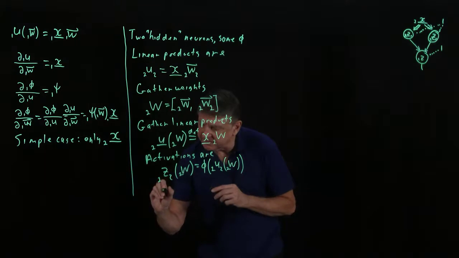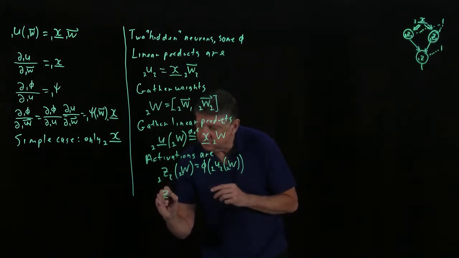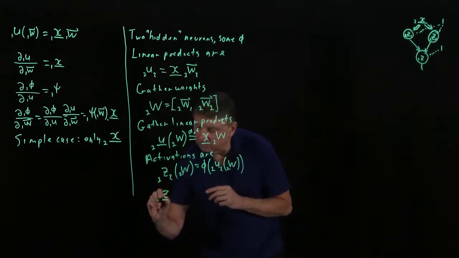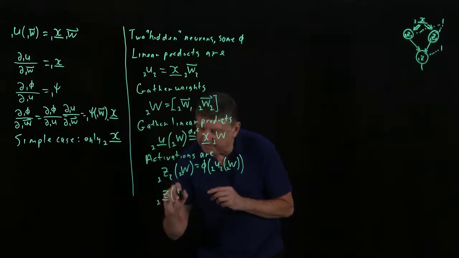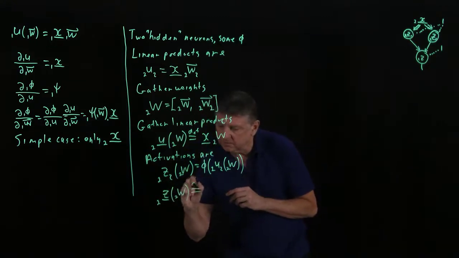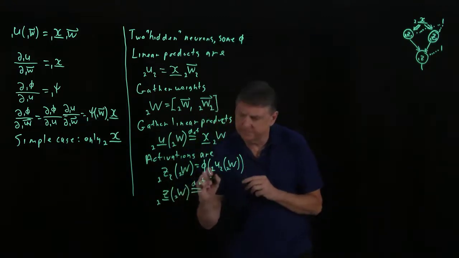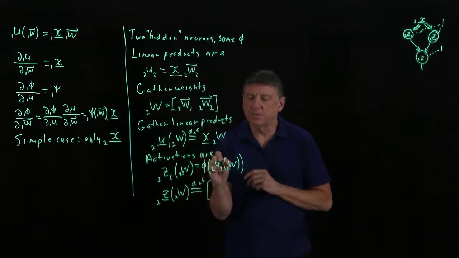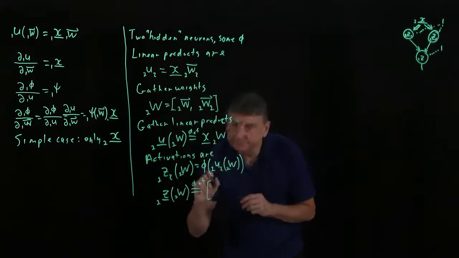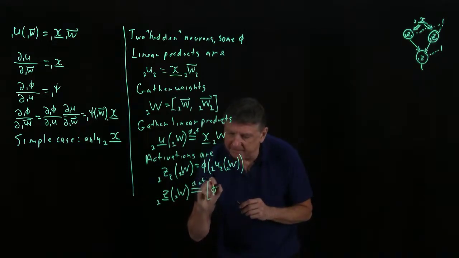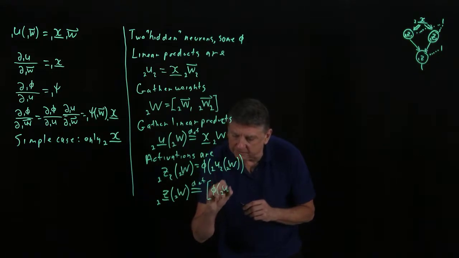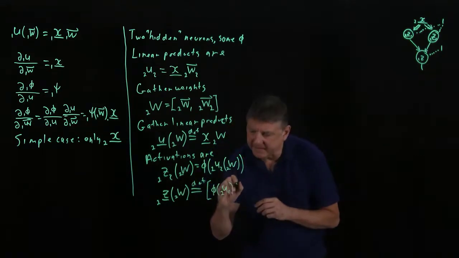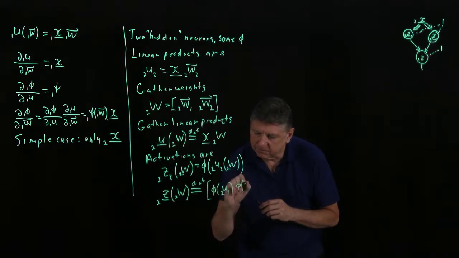So we can gather these as the Z1 form for layer 2, which is a function of all of the weights, and we will define that as the activation function operating on the first linear sum, followed by the activation for the second linear sum in layer 2.